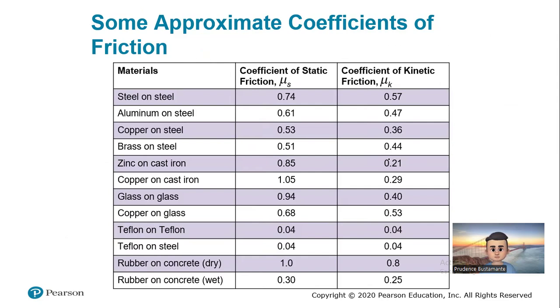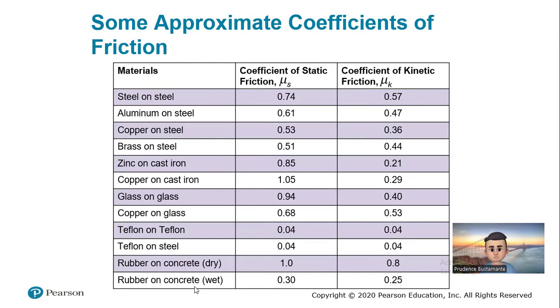So these are based on different materials. For example, here, very important. Whenever it is dry, the coefficient of static friction between rubber and concrete is 1.0, and the coefficient of kinetic friction is 0.8.